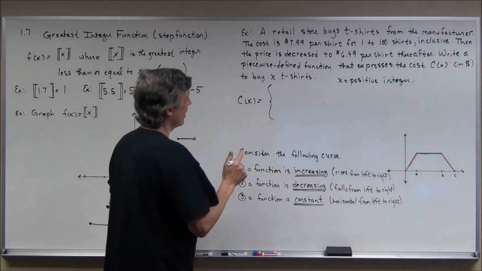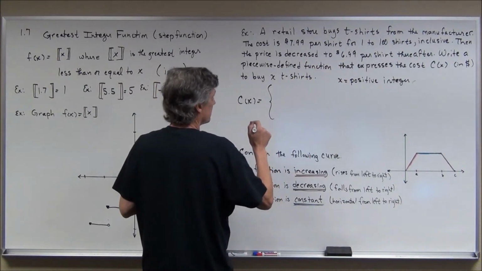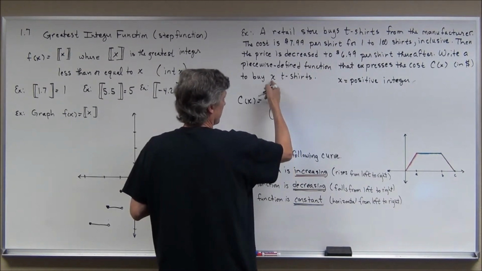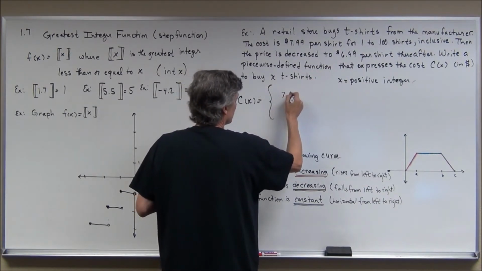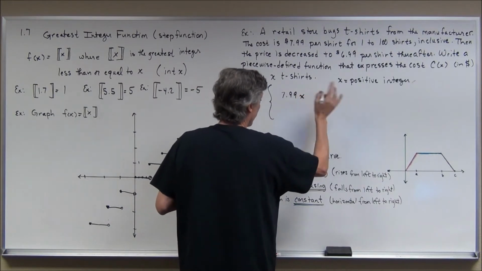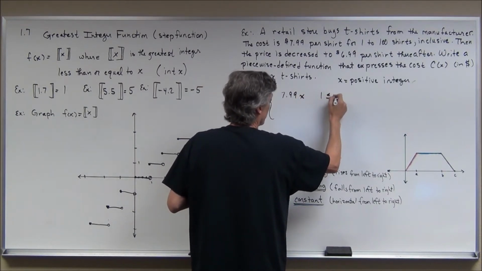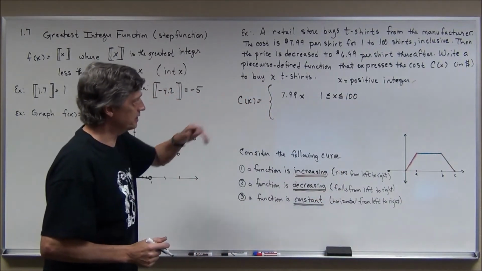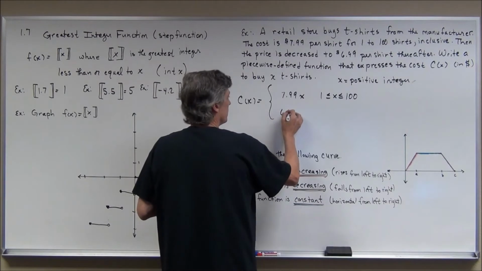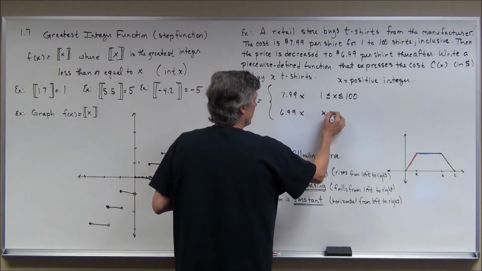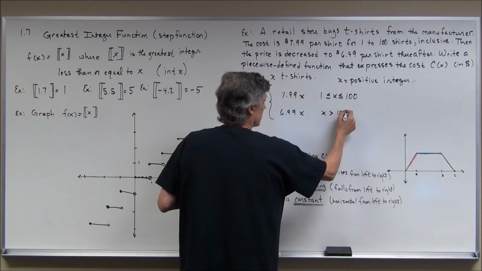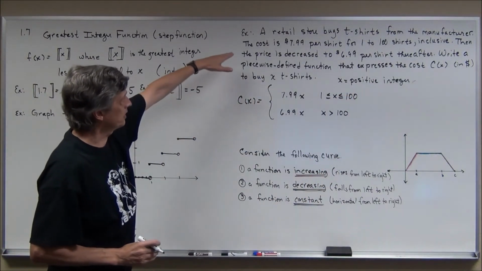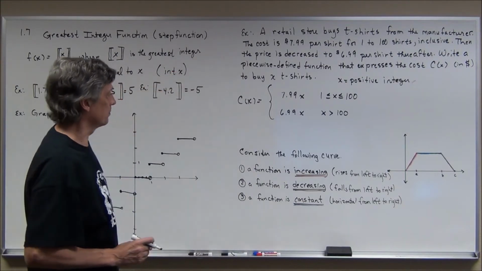If we buy 100 shirts or less, we pay $7.99 per shirt, for 1 less than or equal to x less than or equal to 100. But it's $6.99 a shirt if x is greater than 100. And again, x is a positive integer. That would be my rule that describes this application.